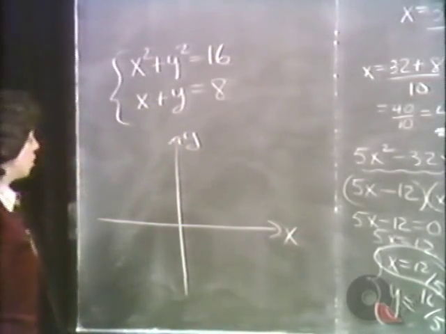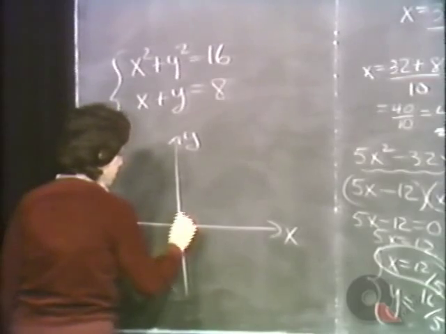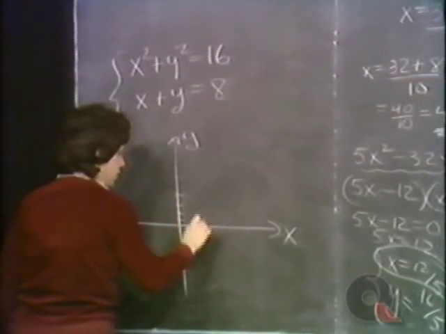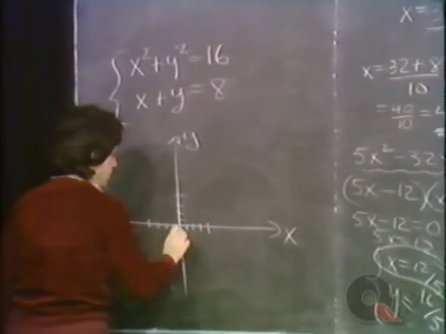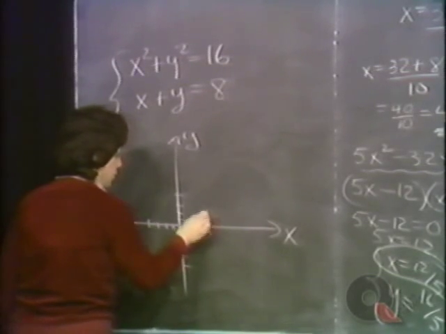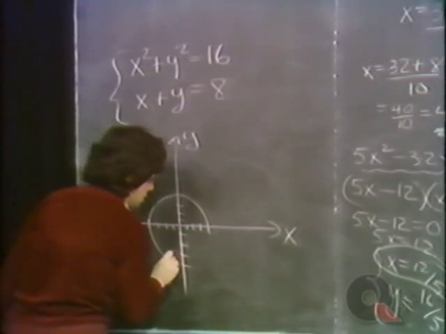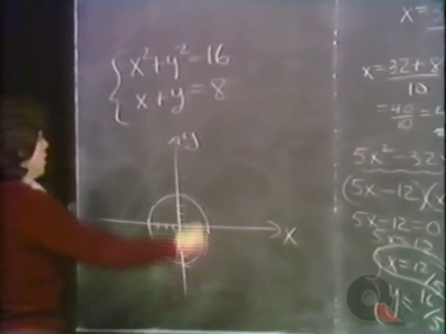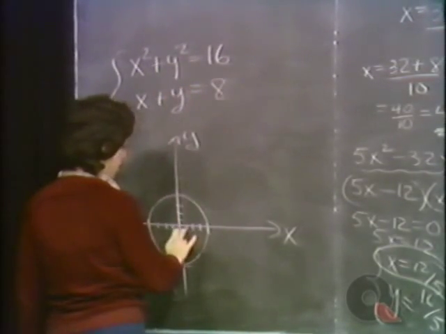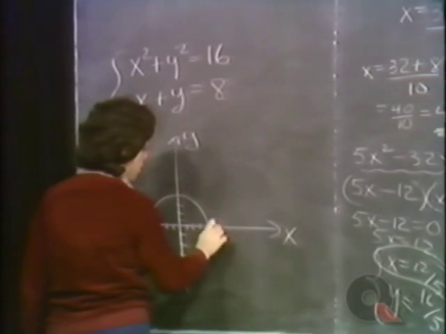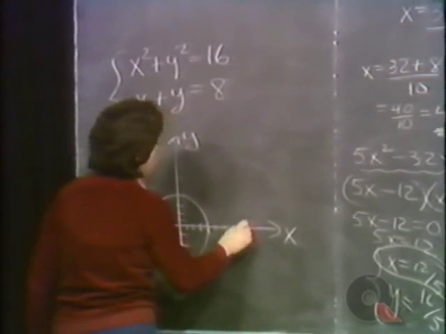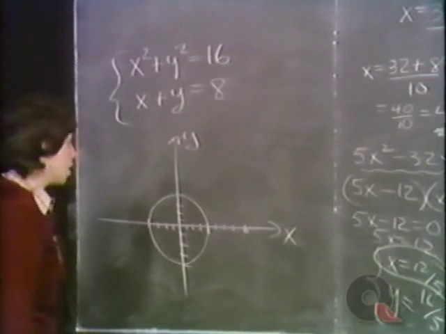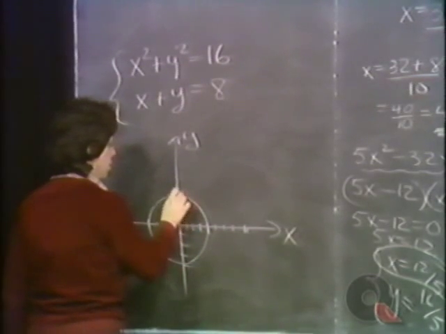The circle has center at the origin and radius 4. The line, if you set y equal to 0, the x-intercept is 8. 3, 4, 5, 6, 7, 8. If you set x equal to 0, the y-intercept is 8.